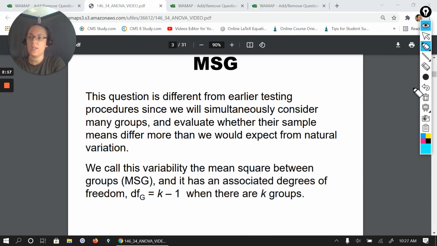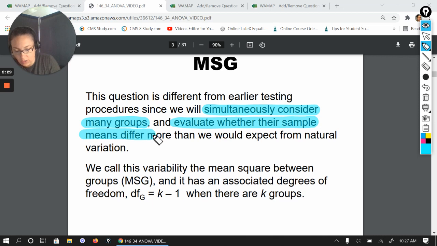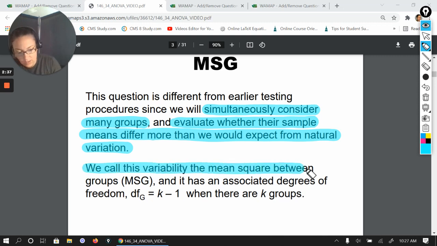So this question is different from earlier testing procedures since we will simultaneously consider many groups. And we will evaluate whether their sample means differ more than we would expect from natural variation. We call this variability the mean square between groups, or MSG.